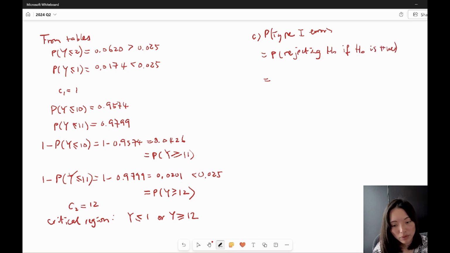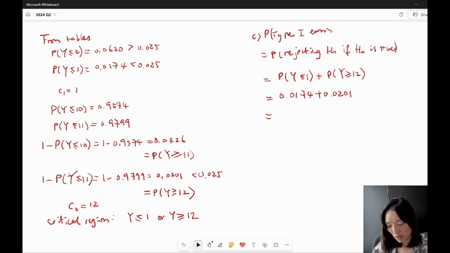So we simply want the probabilities that we had: if H0 is true and Y is less than or equal to 1, and if H0 is true and Y is greater than or equal to 12. So we've got this from our tables, 0.0174 plus 0.0201. This gives us 0.0375.